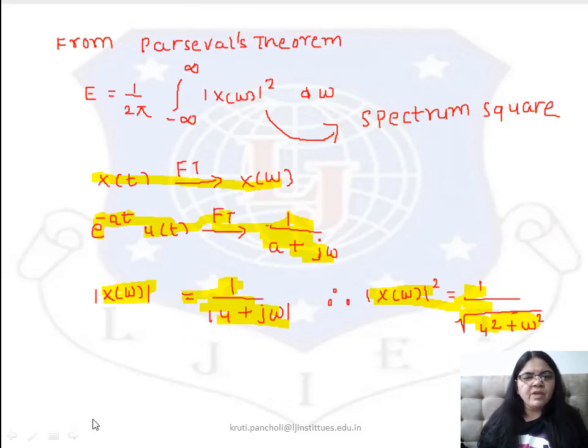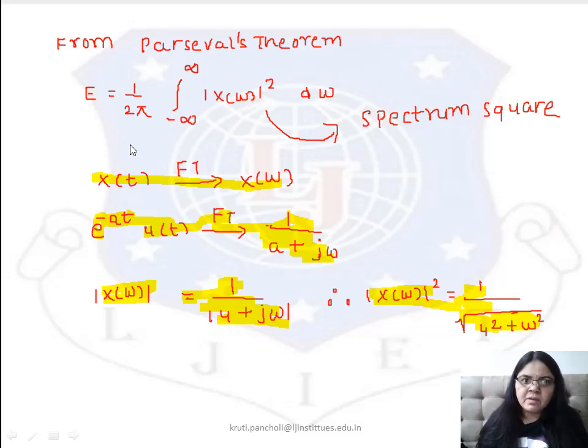Now we want to verify using Parseval's theorem. In Parseval's theorem, as I said earlier, if the signal is available in the time domain, then we can find out the energy of that signal also.